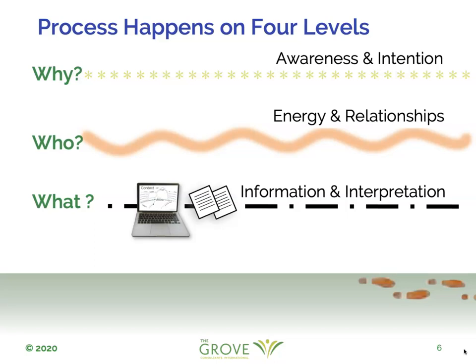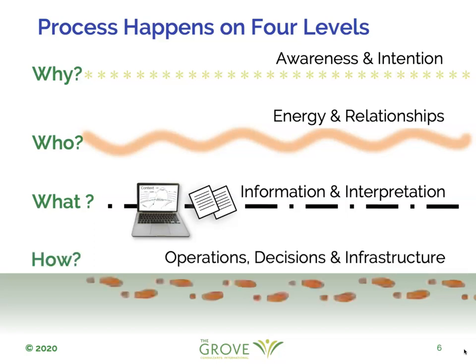What the team is doing is all about information and interpretation of symbols and numbers and graphics and all that kind of thing that make up a lot of the work of an organization. And bottom line, the how is about operations, decisions, and infrastructure.